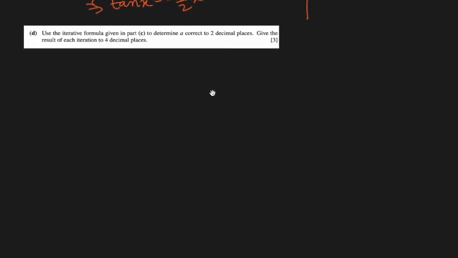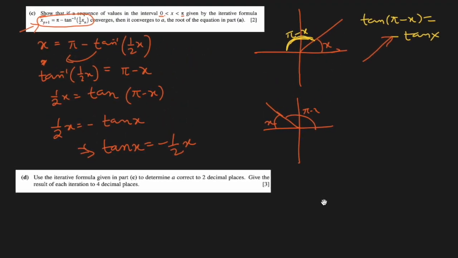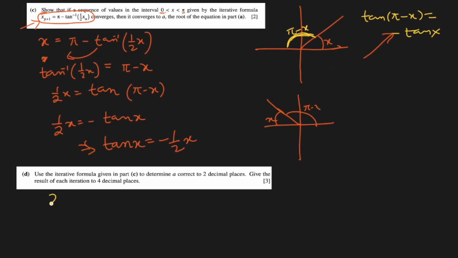Use the iterative formula given in part C to determine a. Let me first write that one here: x n plus 1 equal to pi minus tan inverse half x n.